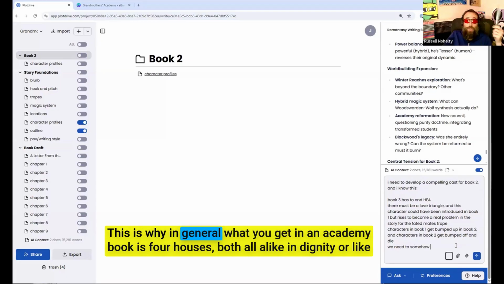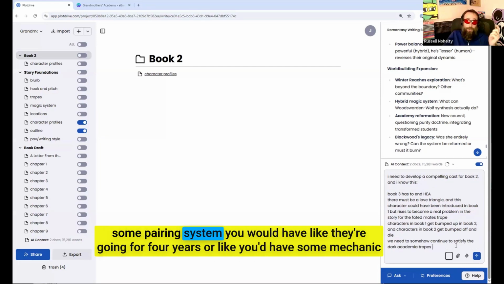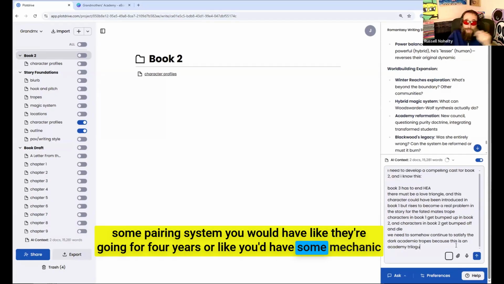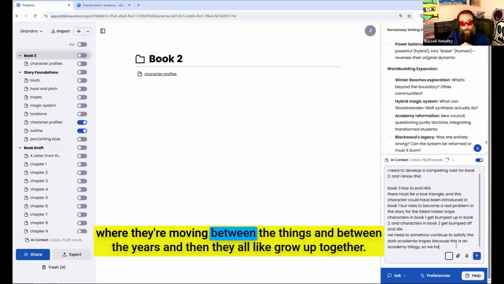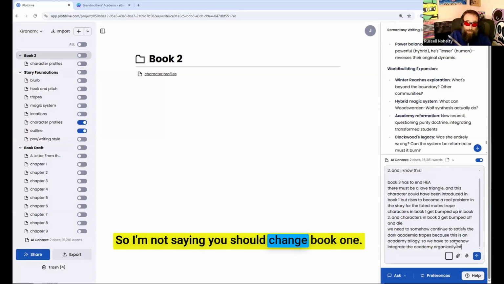This is why, in general, what you get in an academy book is four houses, both alike in dignity, or some pairing system. You would have them going for four years, or some mechanic where they're moving between the things and between the years, and then they all grow up together.